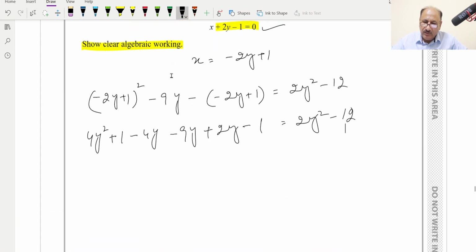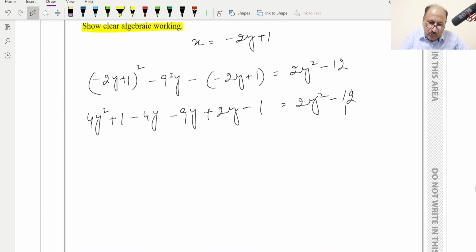Now we can add the like terms. So this is 4y squared, and this plus 1 and minus 1 we can cancel, and 4y and minus 9y and plus 2y, so remaining will be minus 11y is equal to 2y squared minus 12.